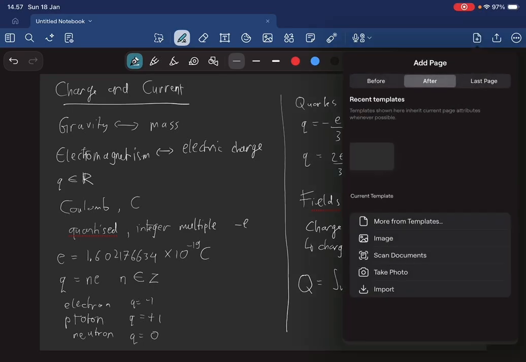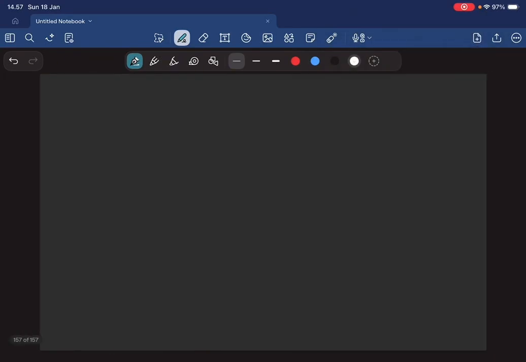So, for a single particle with charge Q and trajectory r, the density is rho equals Q delta of x minus r of t, where the delta function ensures that all the charge sits at a point.